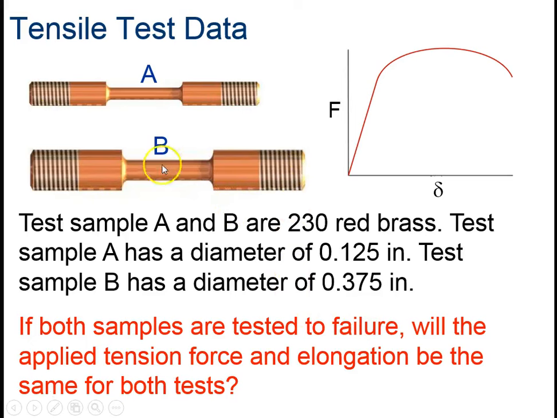But if I have two different sizes of test material here, but they're both the same material, I should get the same test results for both of them. However, this one would seem much stronger than this one just because it's bigger. So it would not give us good data on just the material itself. So we take it and we adjust for the size of the test sample we're dealing with.